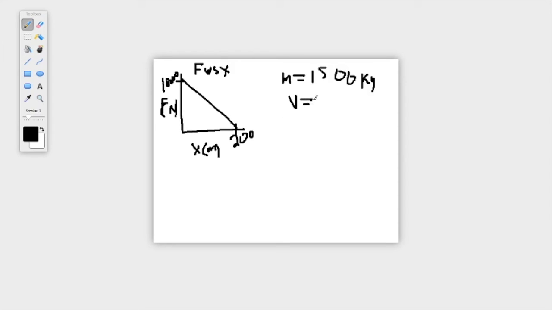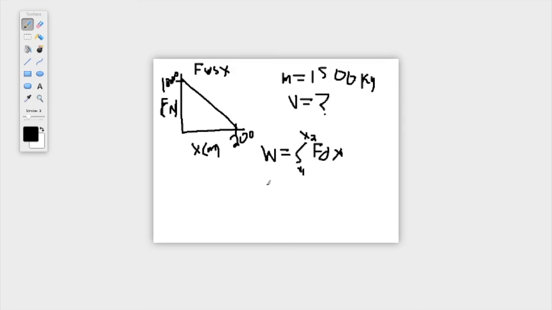So recall that work is the integral of force times dx, and this is in calculus terms.